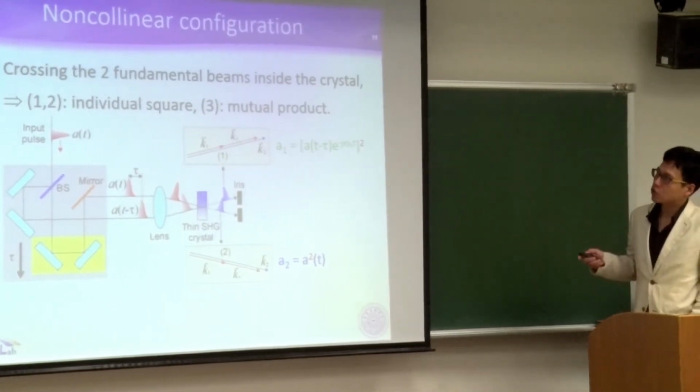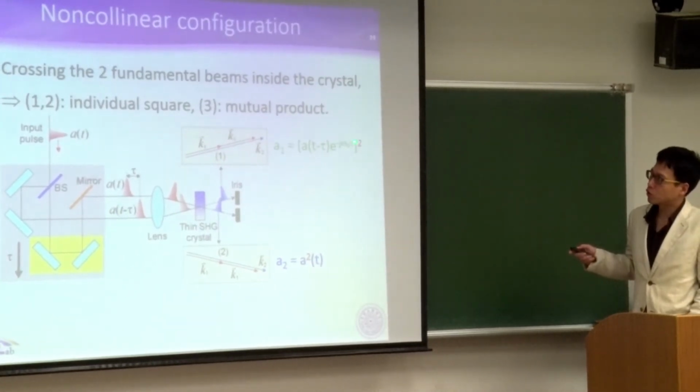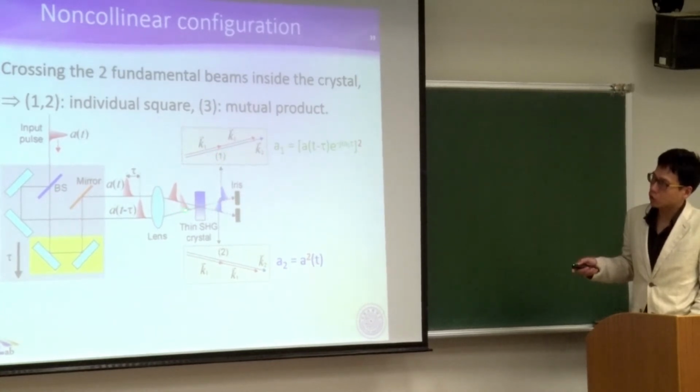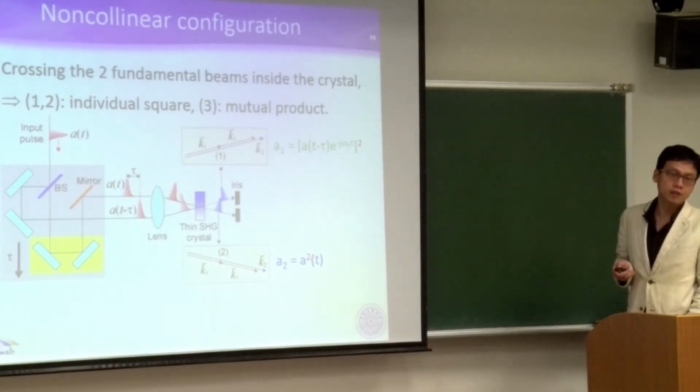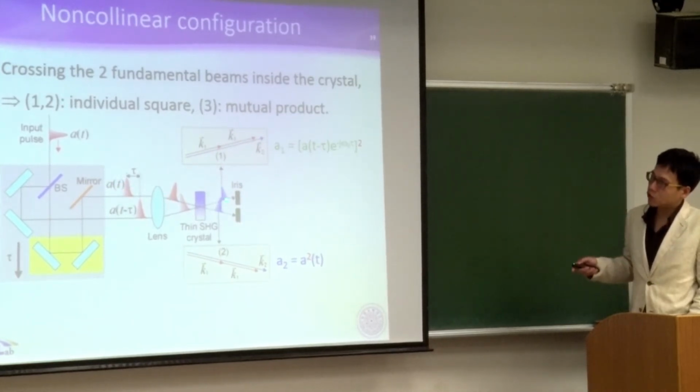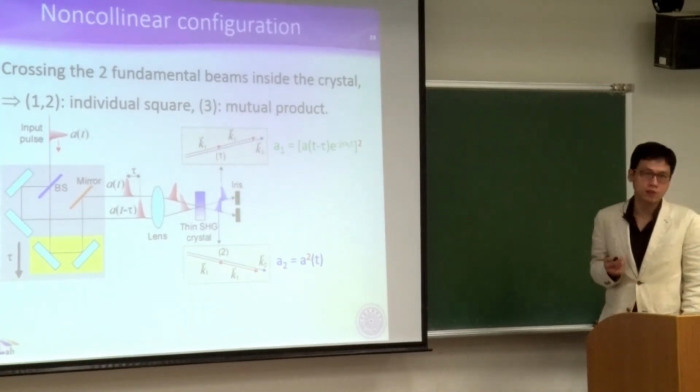They are just proportional to the square of the two individual pulses. Like pulse 1 is the second harmonic due to A of t minus tau, this single pulse. And pulse 2 is the second harmonic of the field A of t. Okay? And these two pulses can be blocked by an iris. We do not need these two pulses.